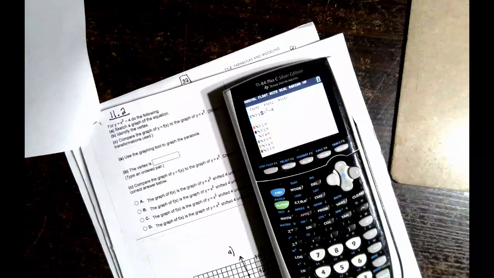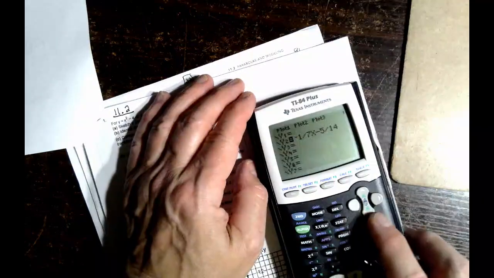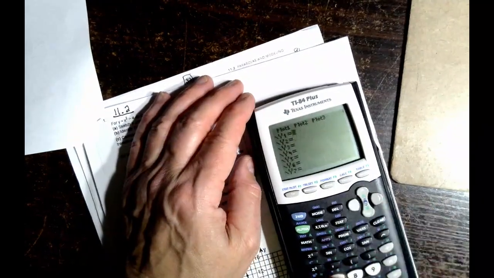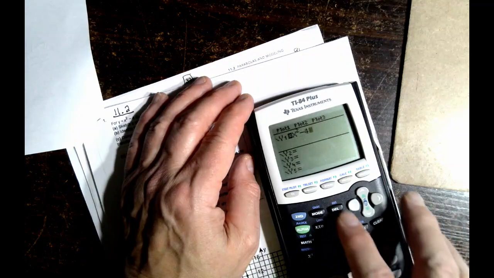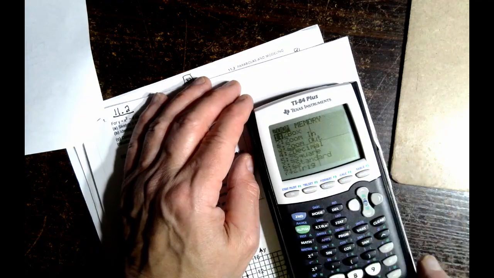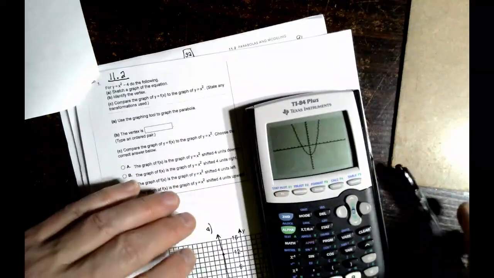That screen's a little bit too bright. This one might be easier to see. X hat 2 subtract 4. Okay, so if you hit zoom 6 after you've typed it in, there's your equation, there's your graph.